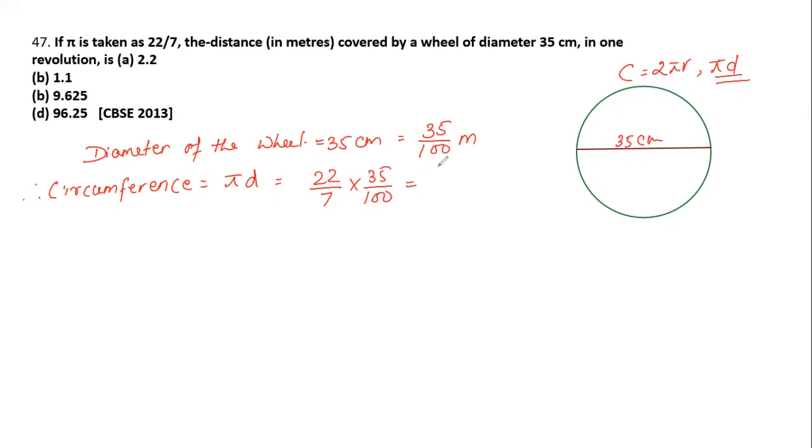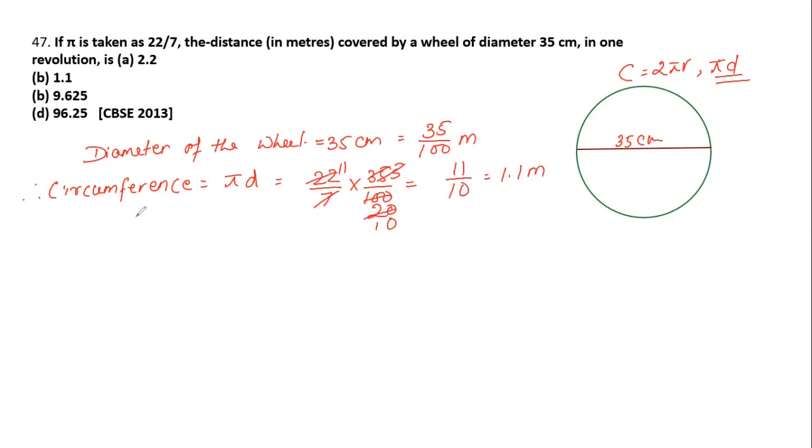After simplification, 7 5s are 35, then after that 5, so this will be 11 upon 10, that means 1.1 meter.